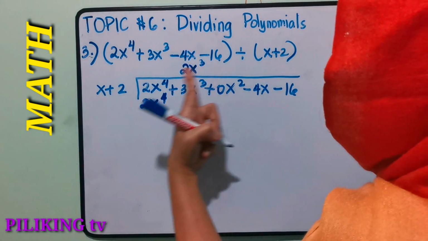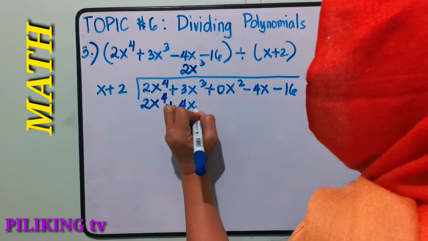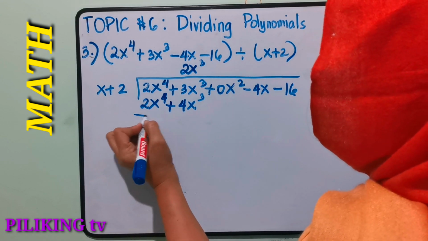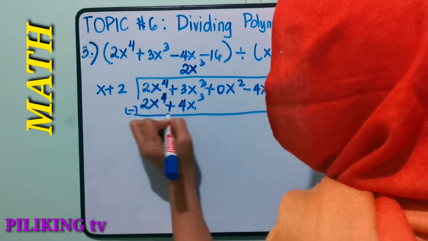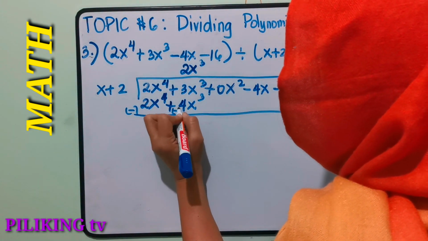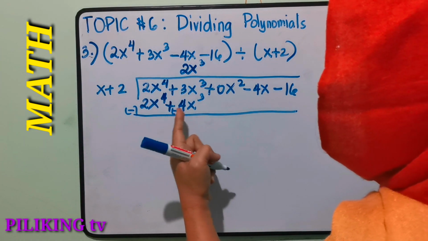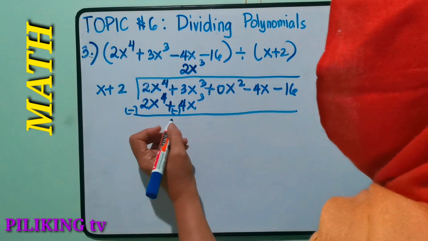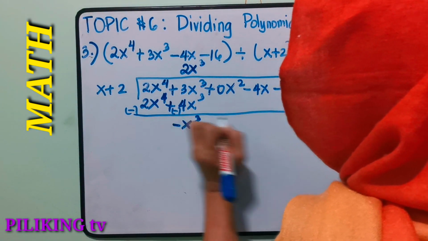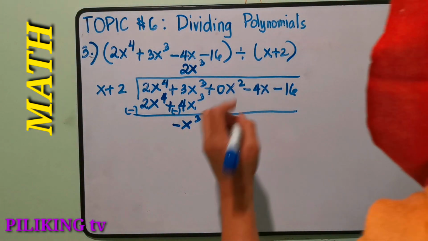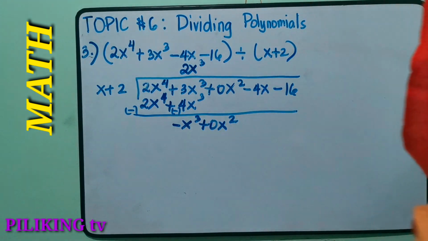Then 2x cubed times 2 is positive 4x raised to 3. Then you subtract. Change the sign of the subtrahend. So positive 4x becomes negative 4x. So this becomes 0. So what is positive 3 plus negative 4? So that would be negative x raised to 3. Okay, then you bring down plus 0 x squared.